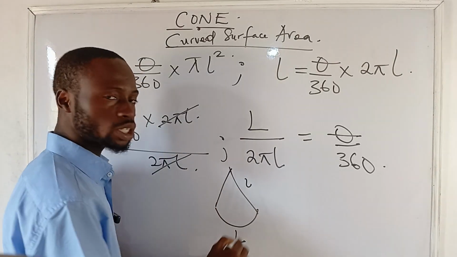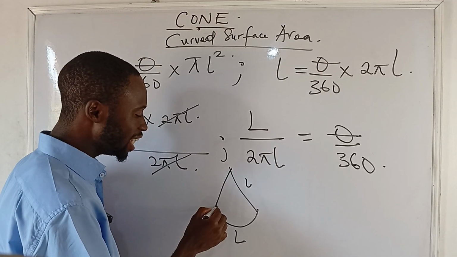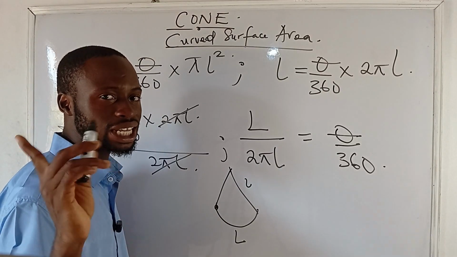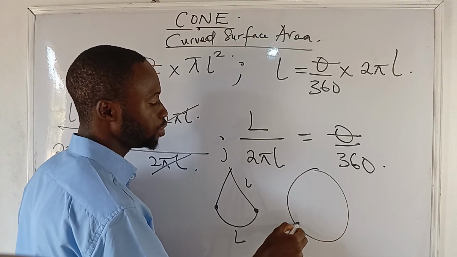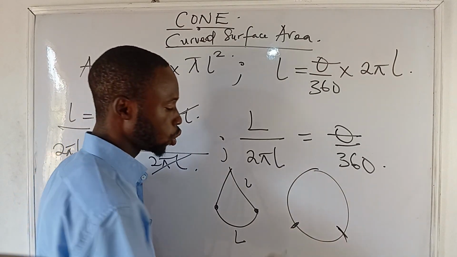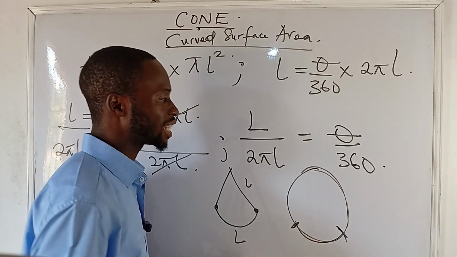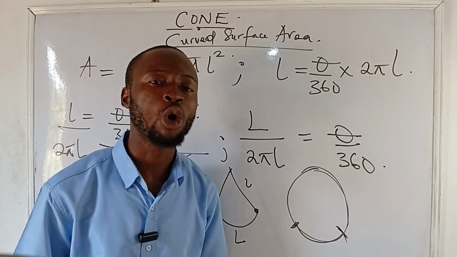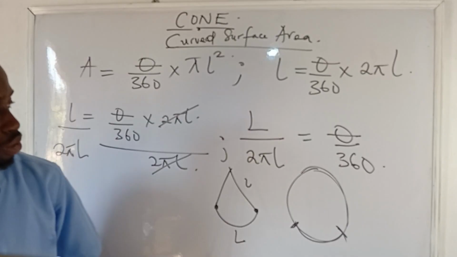Remember, this is the slant height, small l. The length of an arc is a part of a circumference, because this is a circle. From here to here is an arc, and this is also a circumference. So this length of an arc can be rewritten or represented with the circumference of a circle.